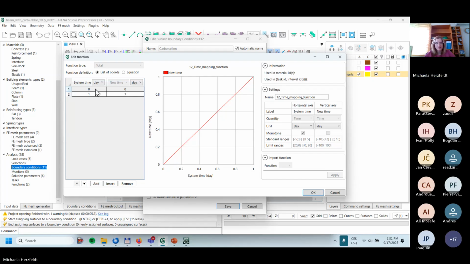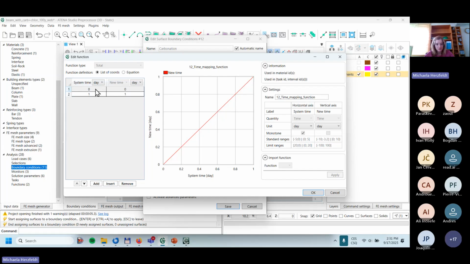So I mentioned before that we first will load the structure with self-weight and some load before we let the corrosion happen. So we will definitely not start the time directly at the moment when we are putting self-weight, because we will start the time at the moment when the corrosion load case starts.